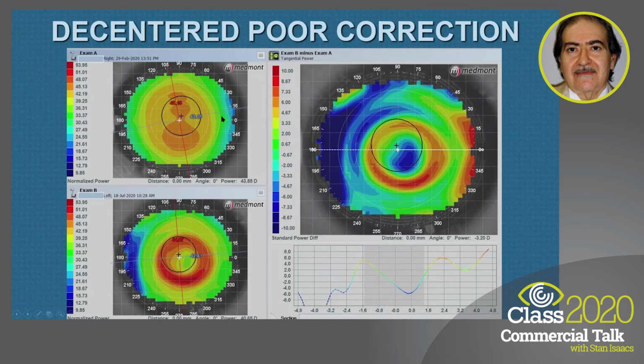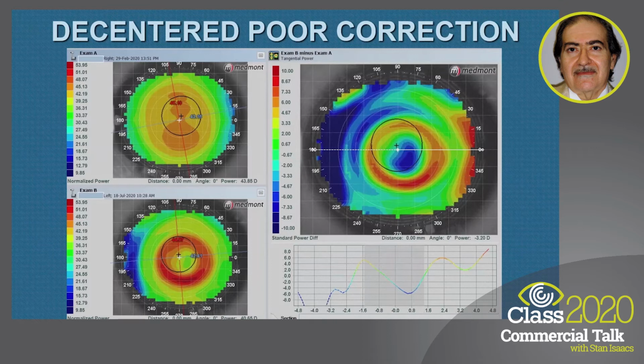The corrections were always slightly decentered, and we were correcting about 3.2 to about 4 diopters instead of the 8 diopters we wanted. And the reason is the lens kept on decentering, because if you see, even though she's looking centrally, this part is a lot flatter than the other part. And so what happens when the lens sits, it tends to dislocate, and then you have a problem.